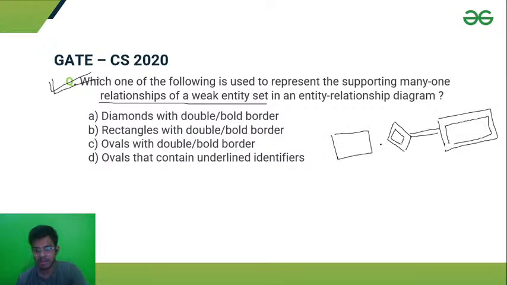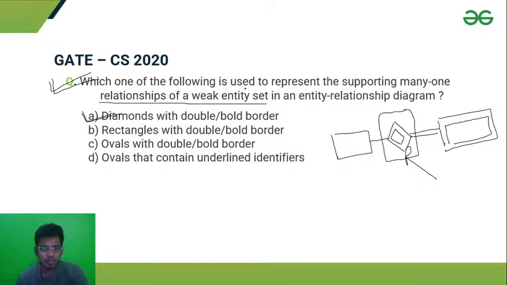In the strong entity it can be partial or it can be total. So this is what is asked here, how the relation is represented. So the answer for this question is the diamond with double border.